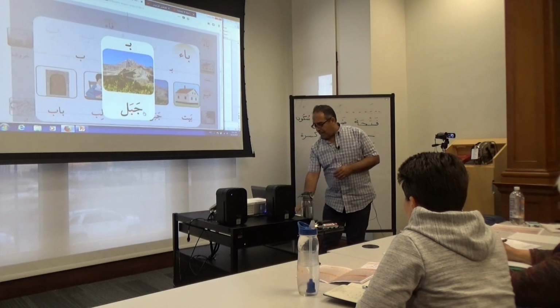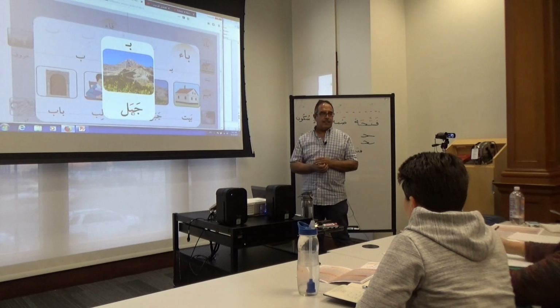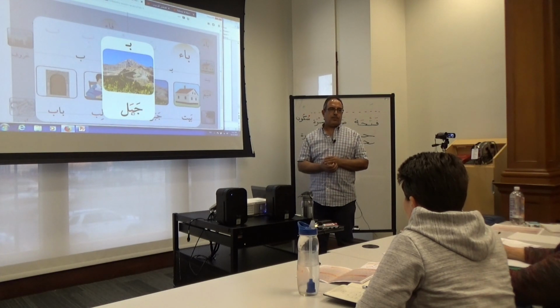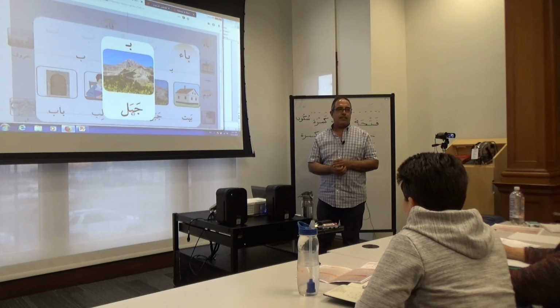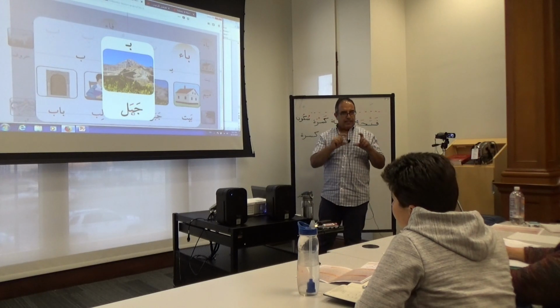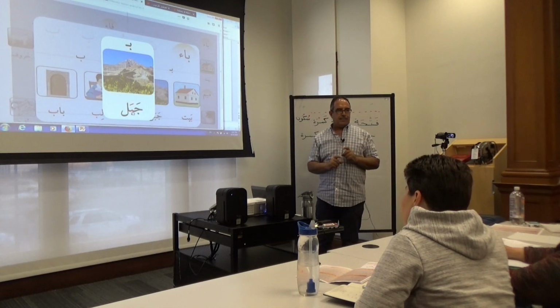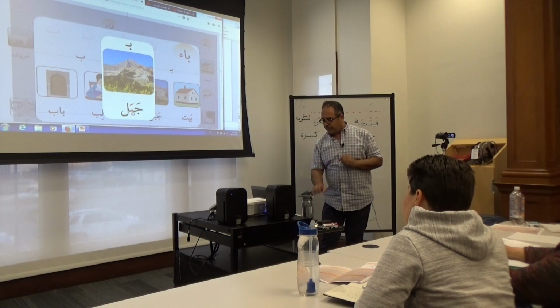Okay. And the next one is what? What letter? Yeah. So we have fatha on it also. So how do you pronounce it together? Jaba. Remember? It's the same thing. Jaba, not jaba with a long vowel, because that's alif. So jaba.